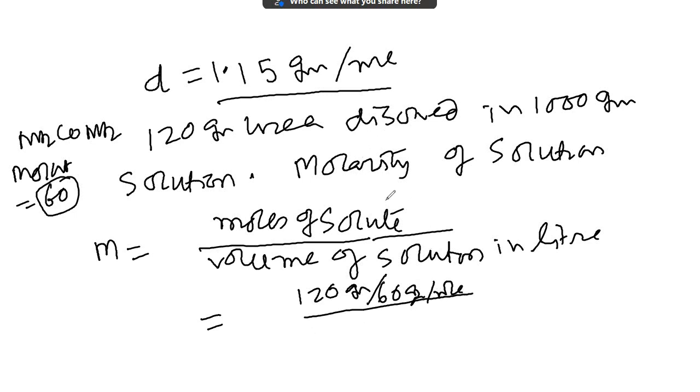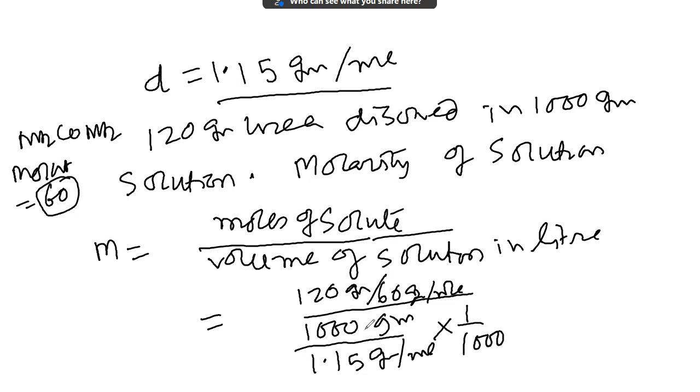Next you have to find the volume of the solution in liters. It is the mass of the solution divided by the density, which is given as 1.15 gram per ml. The volume is in ml, so you have to convert it into liters by dividing by 1000.